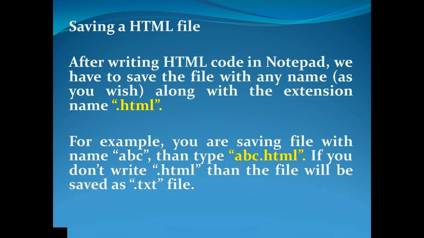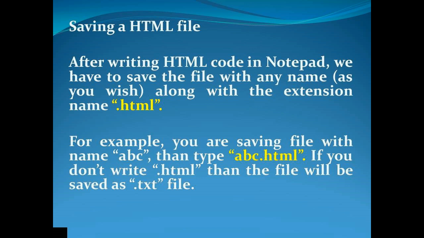If you don't write .html, the text which you wrote just now inside our notepad file will be saved with your name ABC, but the extension will be .txt, a text file.